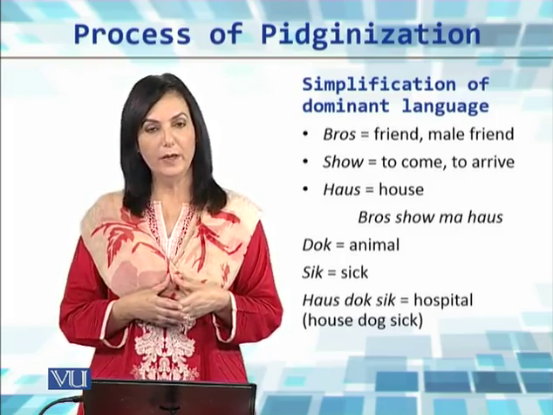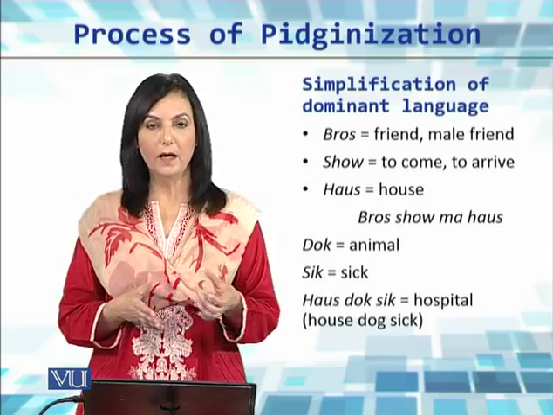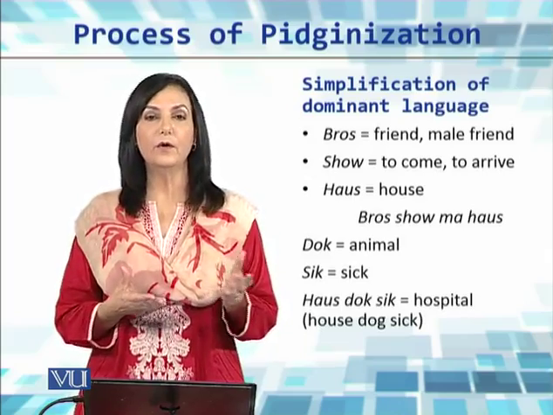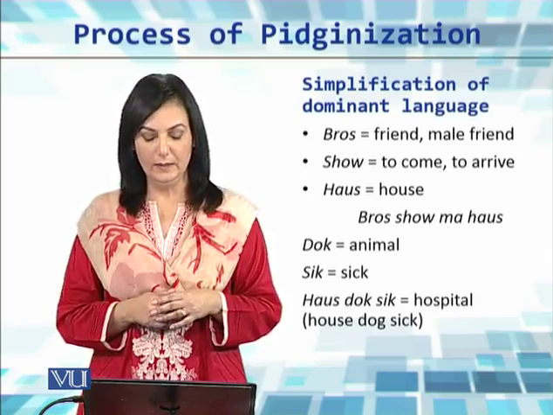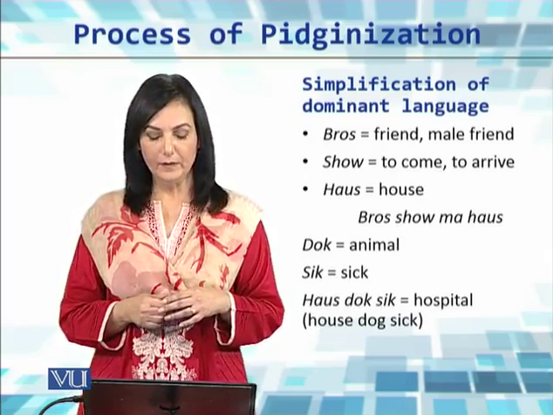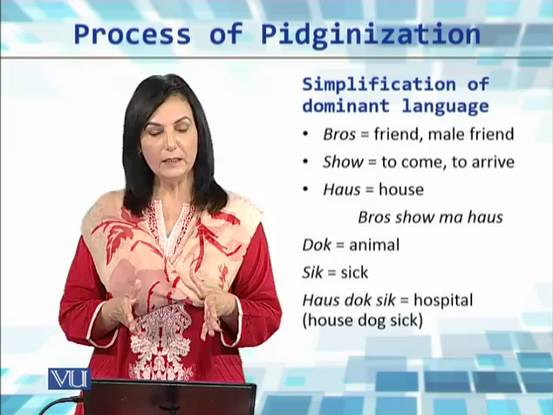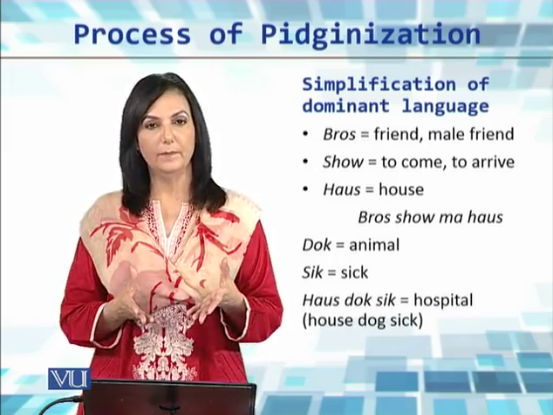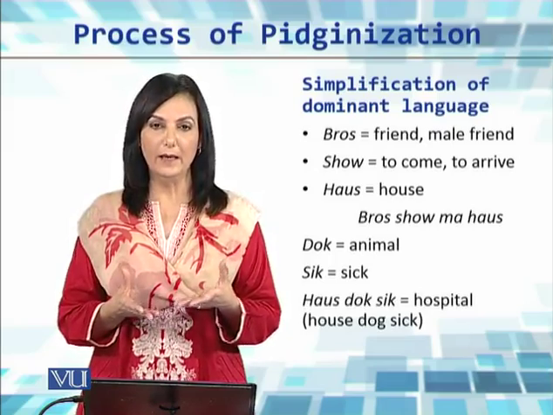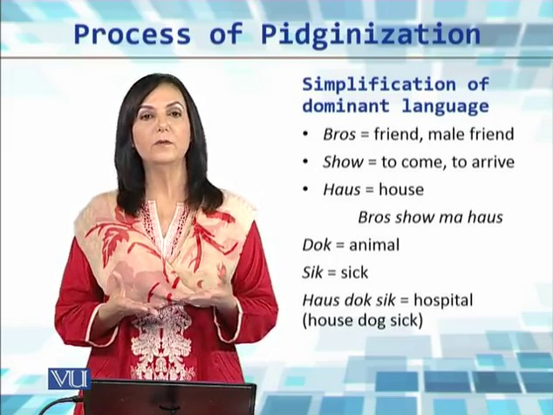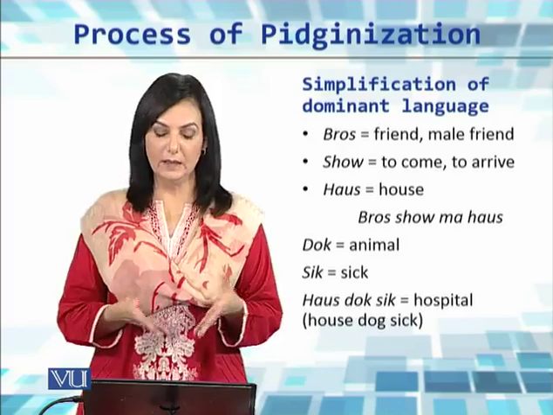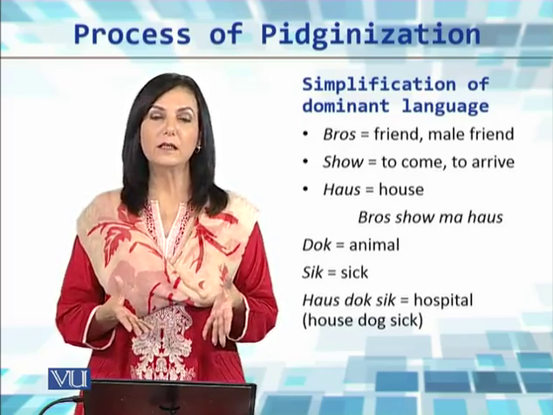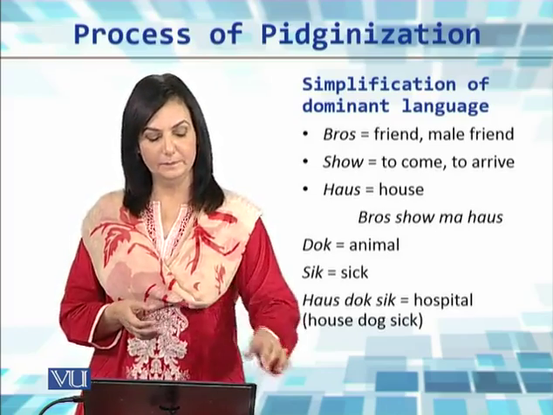So if you hear a sentence like "bros show my house," it means brother or friend, come to my house. Similarly, "house dog sick" means hospital. So "dog" is considered equivalent to animal, which actually comes from the word dog. "Sick" is the same as sick. The "house dog sick" is hospital.